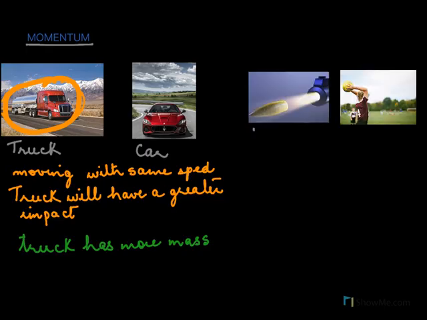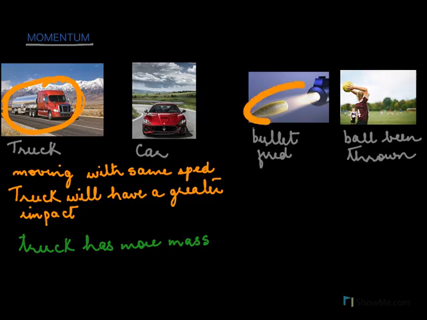In these two pictures, I can see a bullet being fired and here a ball being thrown. And if I ask you the same question, which of them will have a greater impact? You'll definitely say it is the bullet that will have the greater impact.